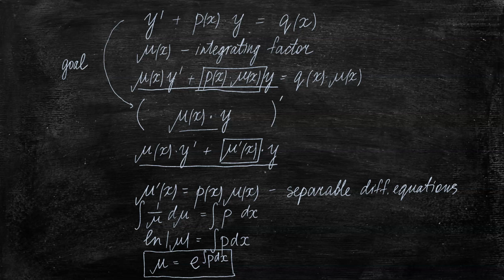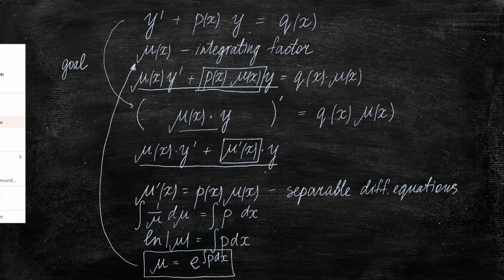And this is the integrating factor that we strategically pick, and it will always be the case that after you multiply both sides of the equation by the integrating factor, you will have on the left hand side the derivative of the product of mu by the unknown function, and on the right side we're going to have just the product of q and mu of x.